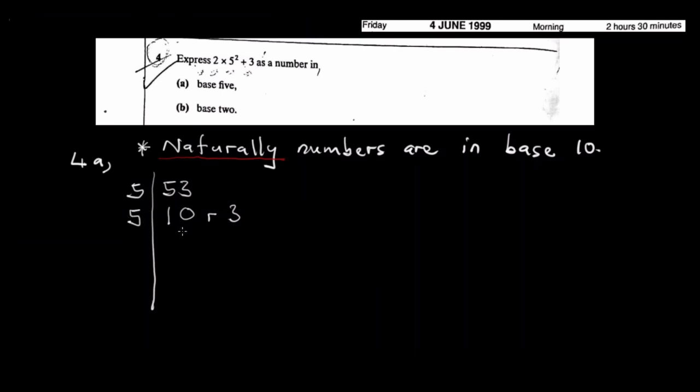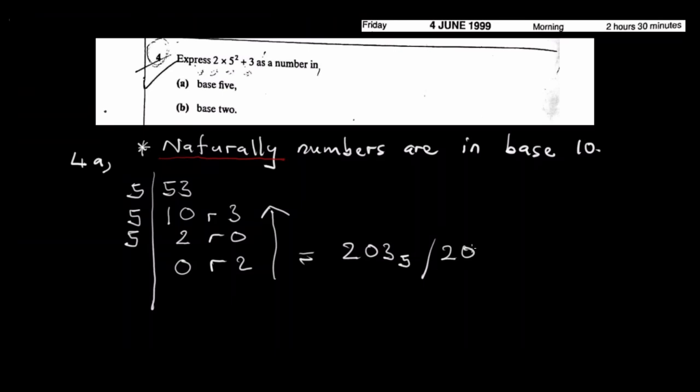Then again 5 into 10, that's 2, remainder 0. And 5 into 2, it's 0, remainder 2. We have our arrow, and our final answer is 203 base 5.